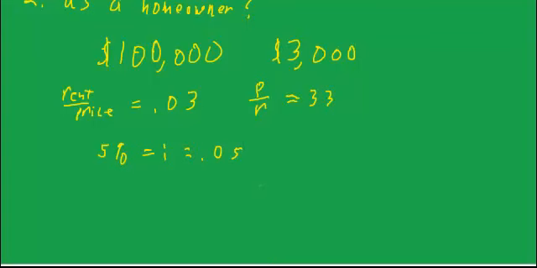All right, next, suppose that the inflation rate, the annual appreciation rate of the house, is 3% per year.